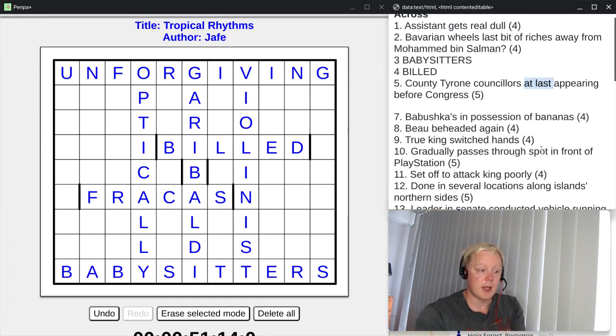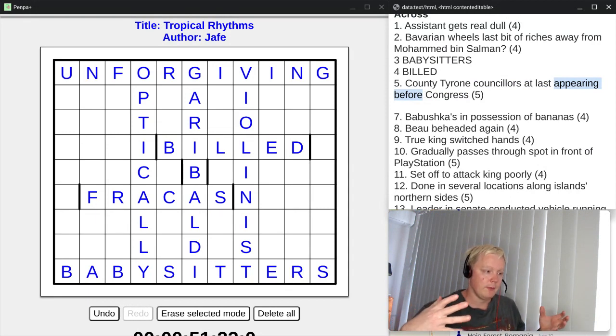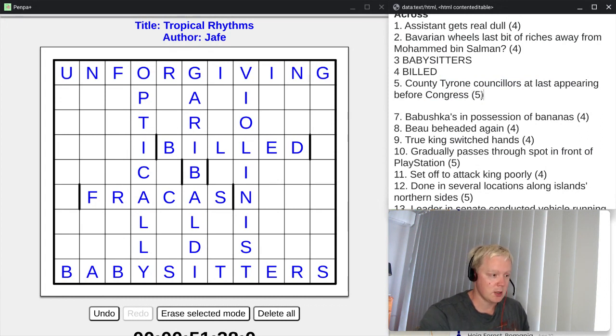At last, take the last letter or letters of something appearing before. So the last bits of Tyrone councillors would be this E and this S. Tyrone councillors at last: ES, appearing before a word for Congress. Now, not the Congress as in politics, but Congress is another word for sex. So E plus S appearing before sex would be Essex, and that is the name of a county in England.